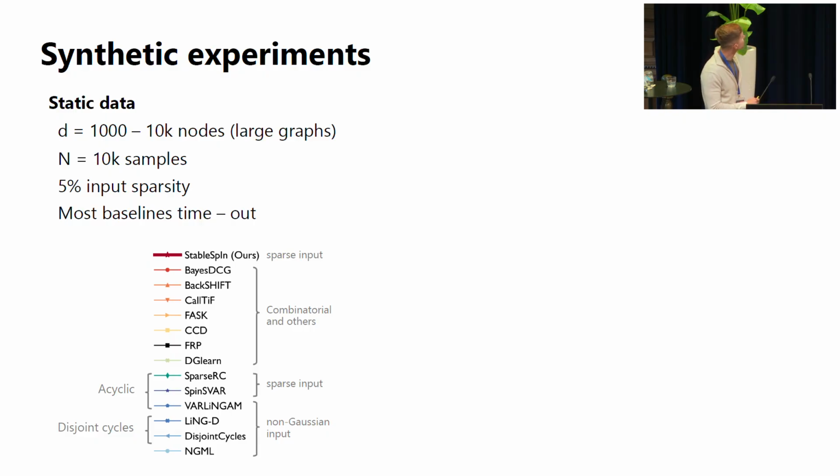Here we have static data, nodes ranging from 1,000 to 10,000 nodes. And here we increase the sample size to 10,000 samples, still 5% input sparsity. And we will not see any of the other baselines because they time out, except the static counterpart of SPIN-SVAR, which is called Sparse-RC.